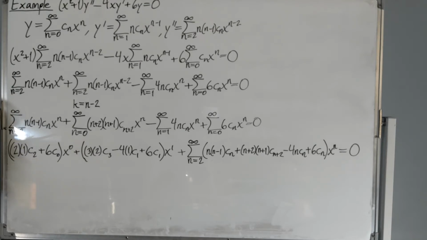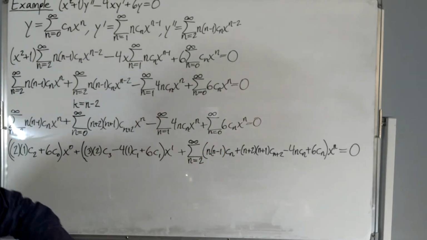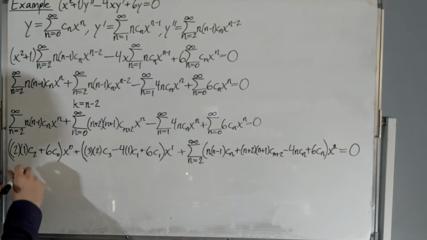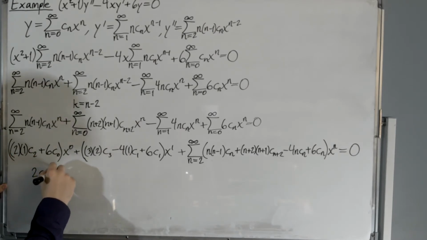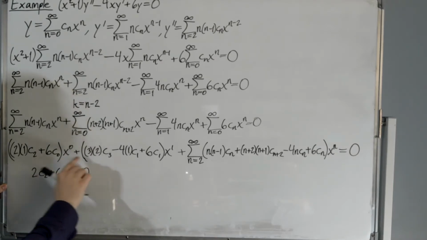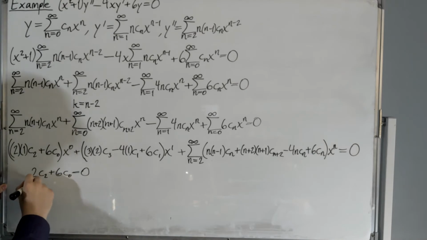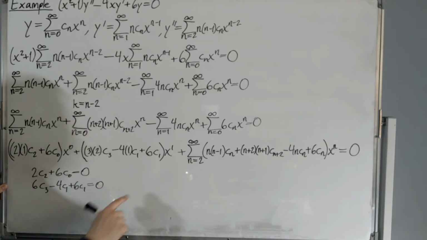It's a long equation, huh? But in any case, what this tells us is that we now have a power series equaling 0, so therefore all of its coefficients are 0. So we get here, first of all, that 2c_2 plus 6c_0 is equal to 0. We get 6c_3 minus 4c_1 plus 6c_1 is equal to 0.